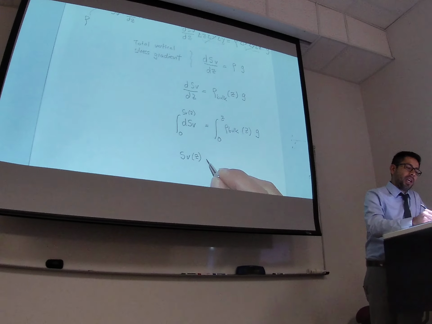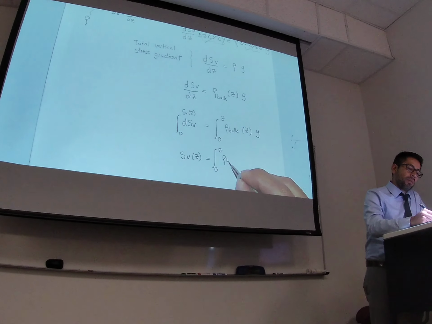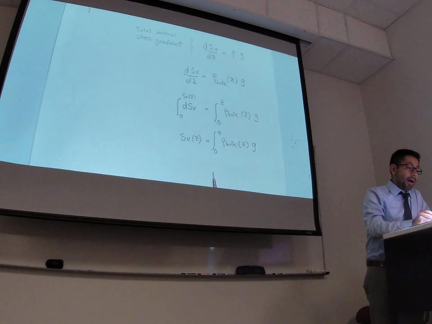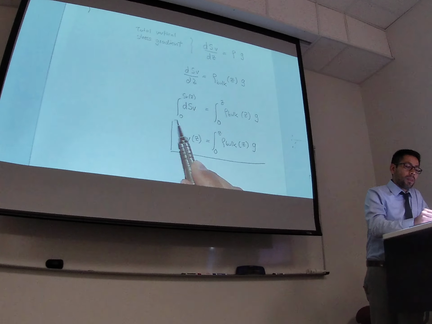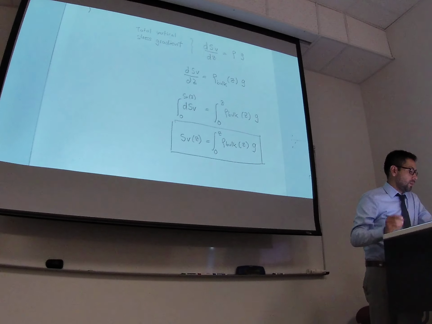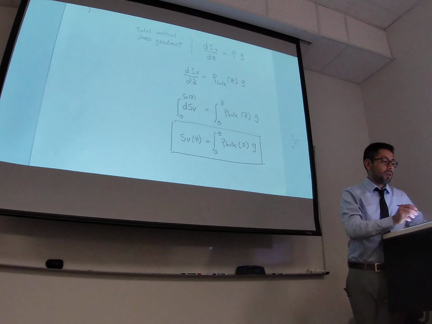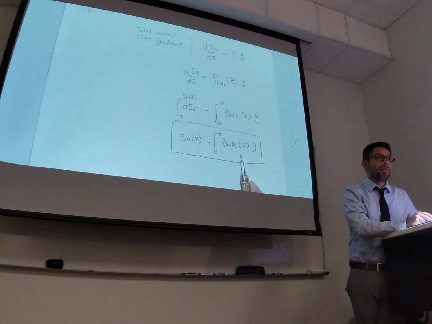SV as a function of depth is the integral of the bulk density times g. That's it. That's all you need to compute vertical stress when the density is a variable.